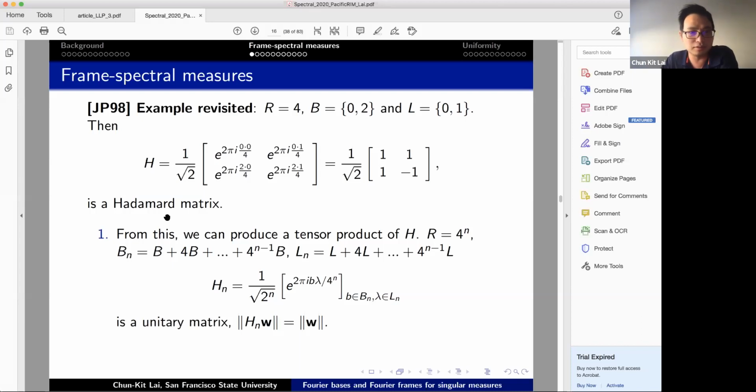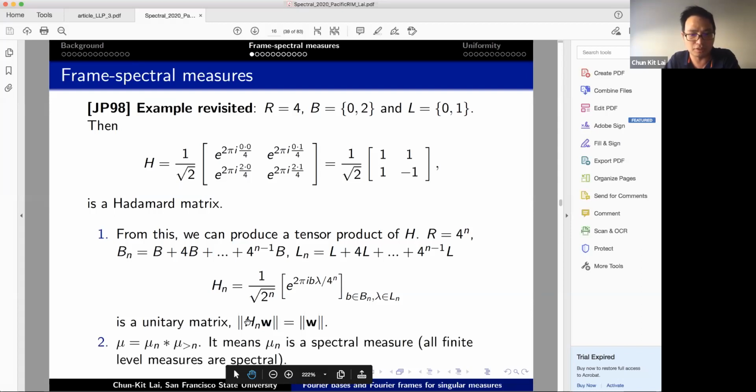The interesting point here is that I can iterate the same thing. You go down to the nth level, and because everything we do involves integers, this is the key point, things work out nicely. At the nth level, when you iterate the spectrum up to the nth level, they are all spectral measures, which means you form a unitary matrix.